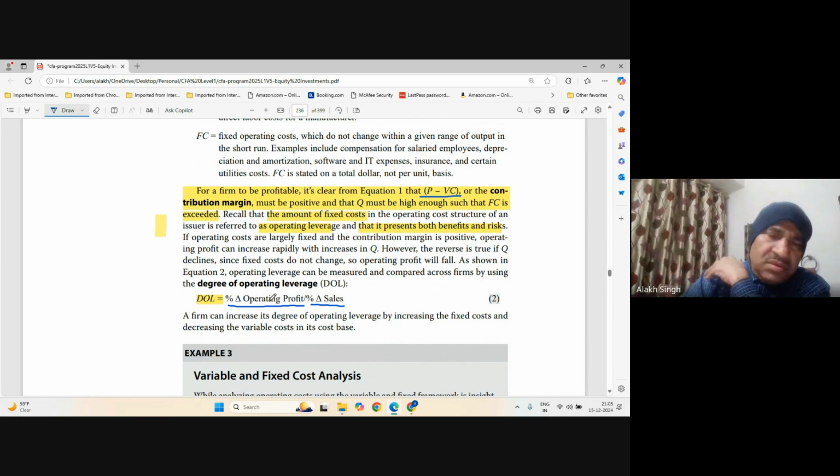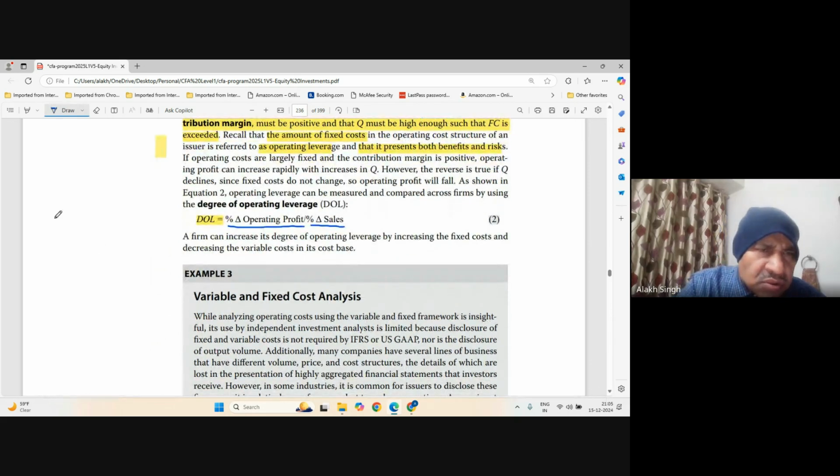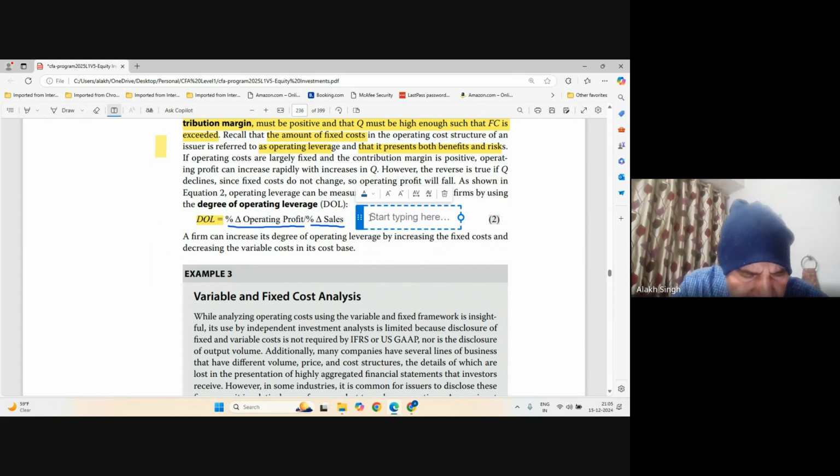So delta operating profit divided by delta sales, DOP by DS, is the degree of operating leverage. Let me write it so that it is easy to remember with marginal cost. So DOP divided by DS. Yeah, so that is our degree of operating leverage.